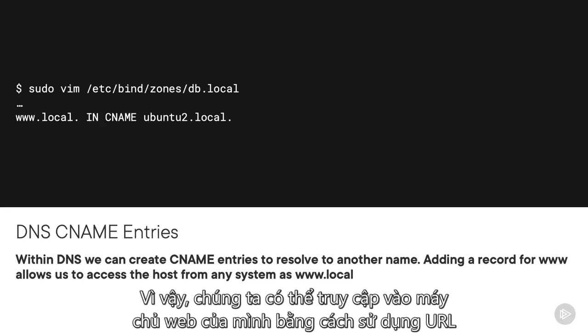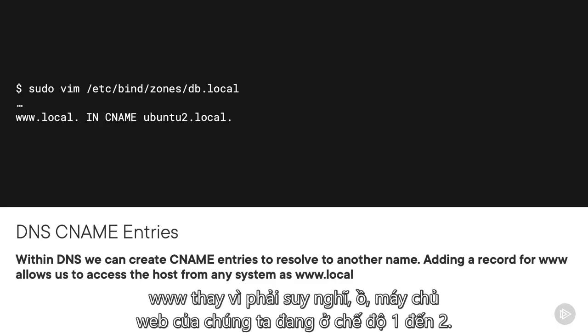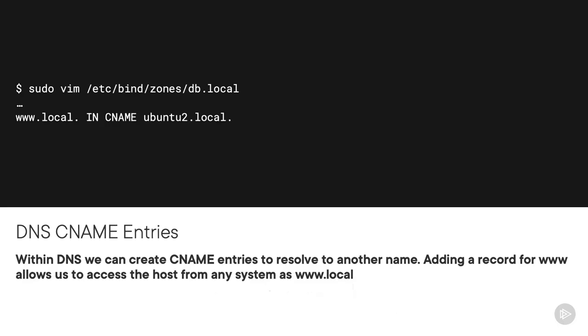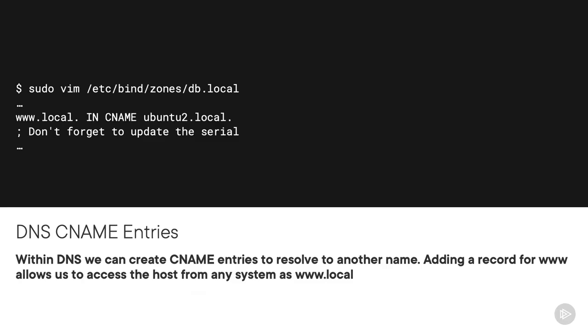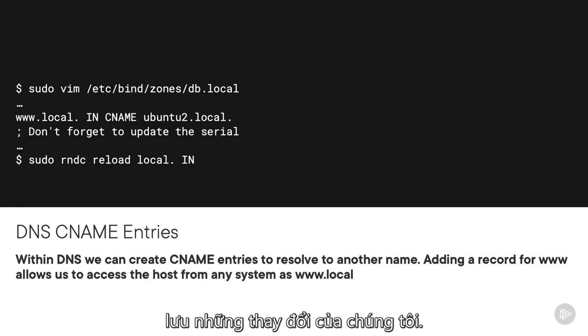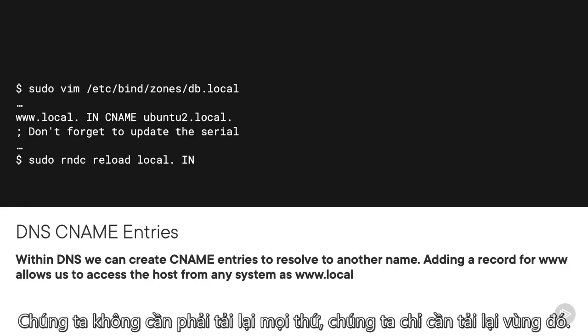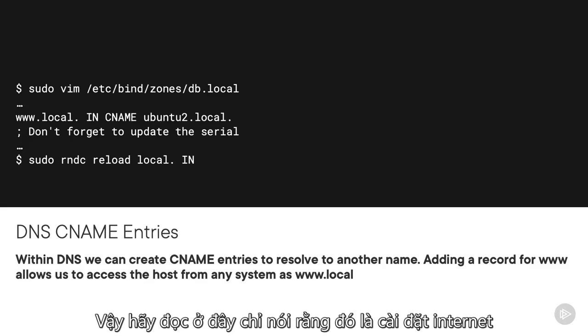So we can then access our web server by using the URL www rather than having to think, oh, our web server is on Ubuntu 2. Once we've done that, we can also make sure that we do update the serial number. Saving our changes. We don't need to reload everything. We just need to reload that zone. So read that in.